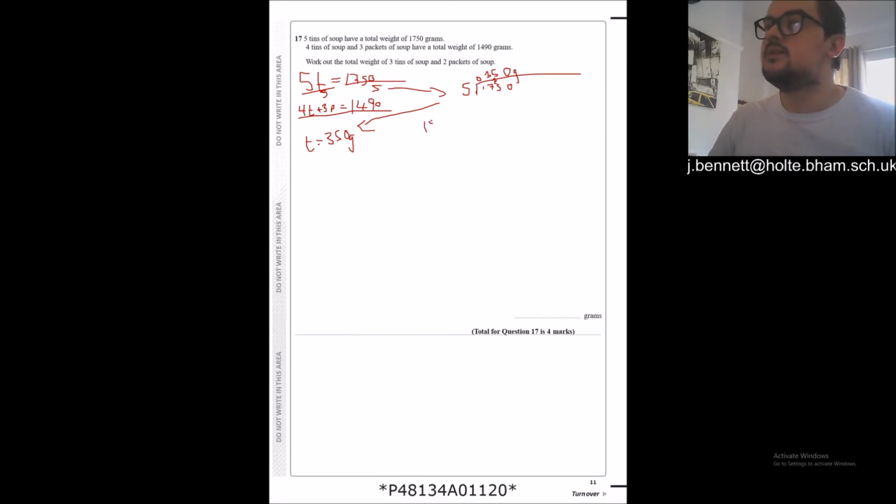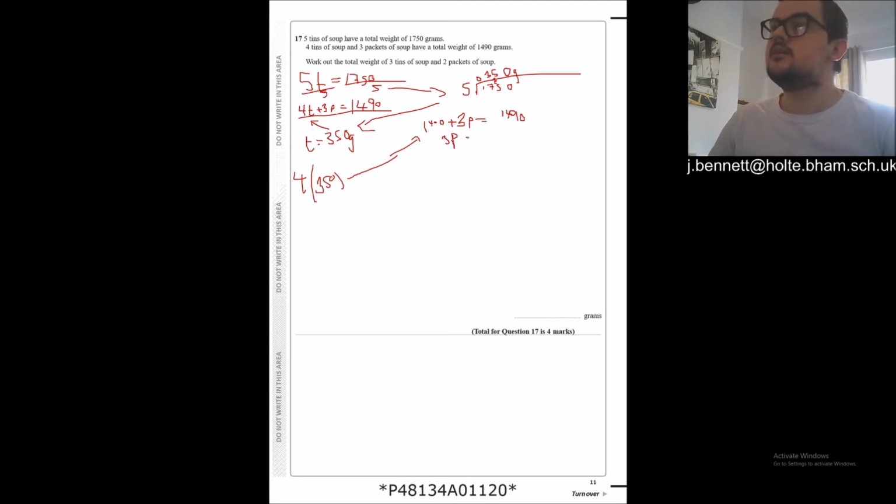So 1400 plus 3p equals 1490. I got this 1400 just by doing 4 lots of 350, because we've substituted our t into here to get 4 lots of 350, and we get 1400. So now we subtract 1400 from both sides.